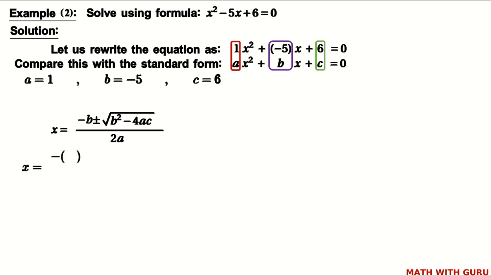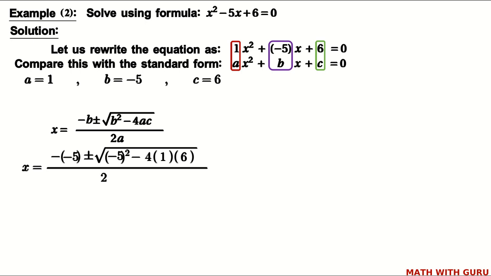x equals minus b. b is minus 5 here. Therefore, it will be minus of minus 5 plus or minus root of b square. b is again minus 5 whole square, minus 4ac. a is 1 and c is 6, whole divided by 2a. a is 1.